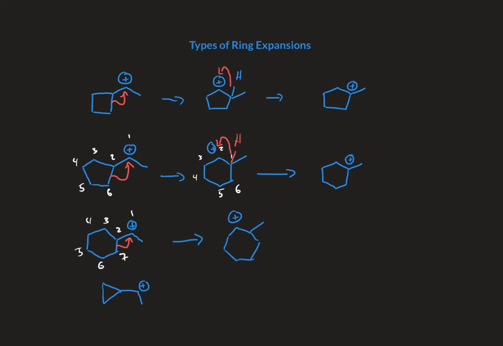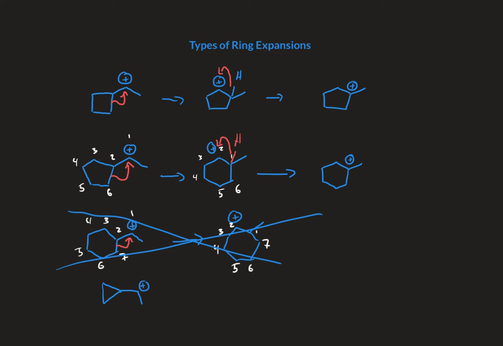I've got carbon 1, 2, 3, 4, 5, 6, 7. 7-membered rings are less stable than 6-membered rings, and so remember that carbocations only rearrange to form more stable intermediates, and so this rearrangement does not happen. So 6-membered rings cannot expand to 7-membered rings.